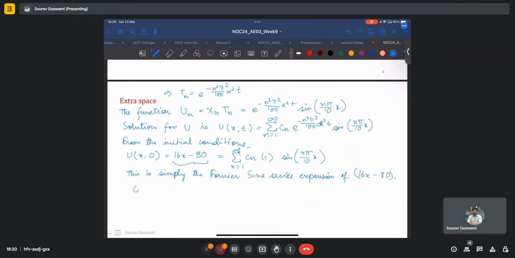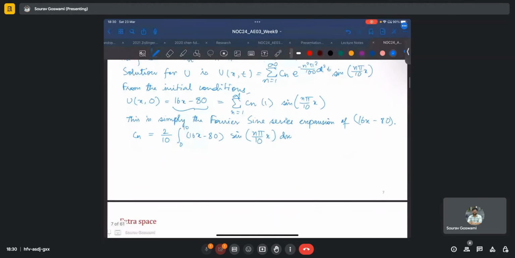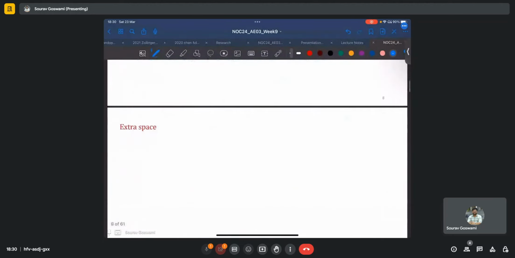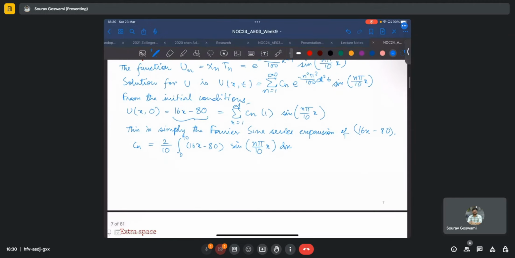So we know that cn will then turn out to be 2 by L, which is 2 by 10 in this case, integral 0 to L, so 0 to 10, f of x sine n pi by L x, so n pi by 10 x dx. And now let us integrate this and hope to not make any mistakes, where we do have ample space.